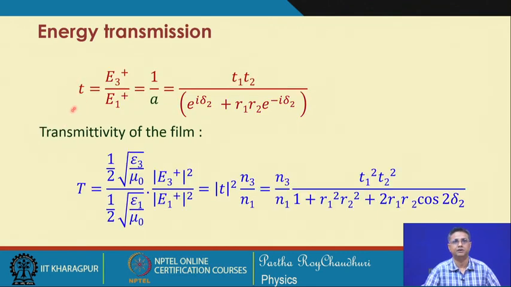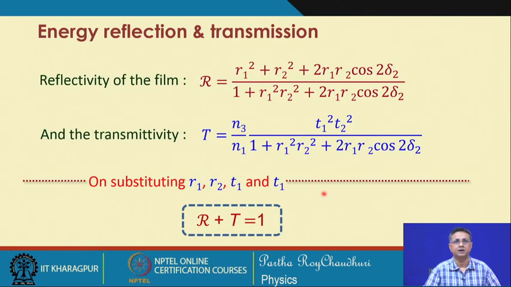and similarly for the transmitted wave we can also calculate the transmittivity using the same principle, that 1 upon A, if I take the mod of that, t square will appear, but because it involves two layers, that is E1 and E3, this will come with this coefficient n3 upon n1 and this will give me this expression.